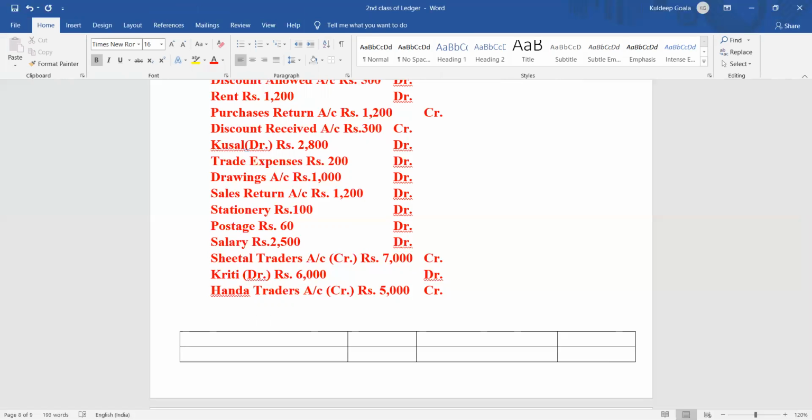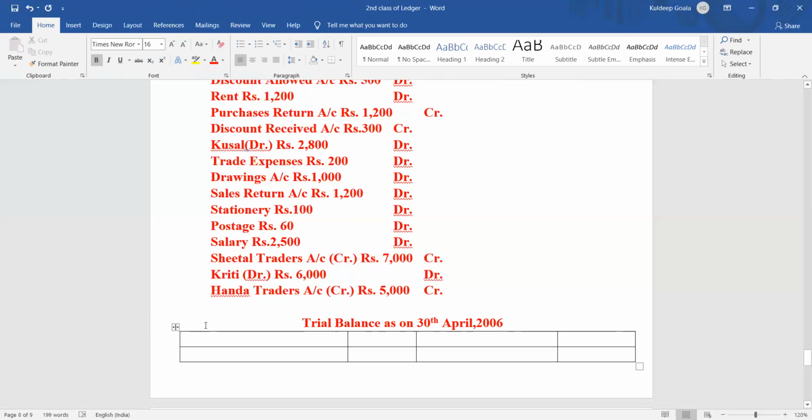Right on the top you will write trial balance, as on, here the date is 30th April 2006.